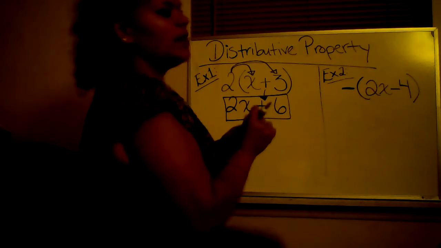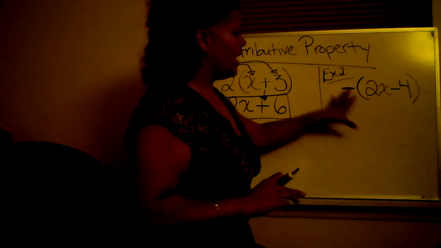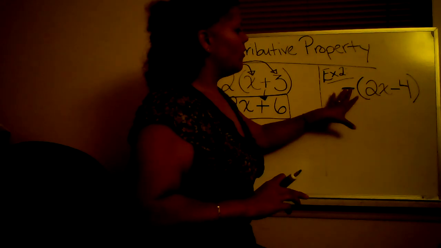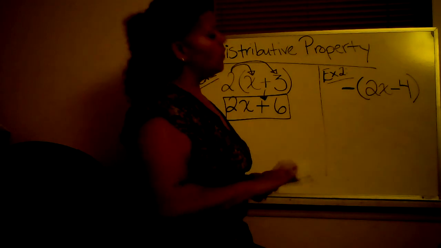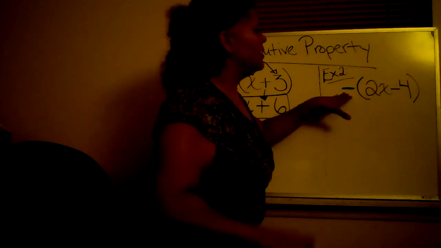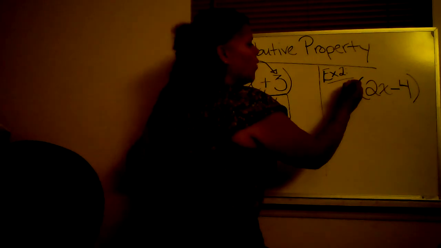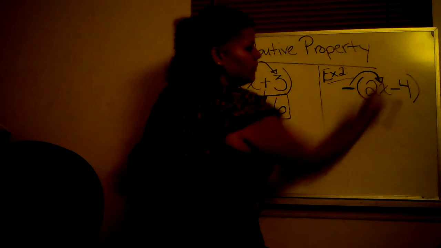Another example you might see is a negative sign outside of the quantity, or a negative sign in front of parentheses. So this one is a minus sign in front of 2x minus 4. What this is saying is the opposite of whatever's in here, or you're distributing the negative. So what is the opposite of positive 2x?